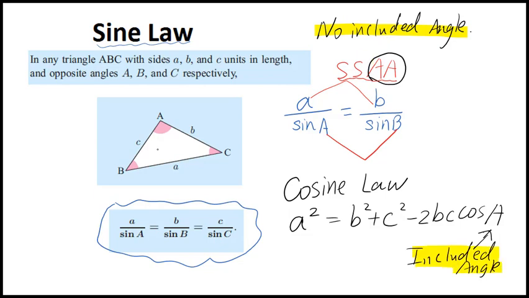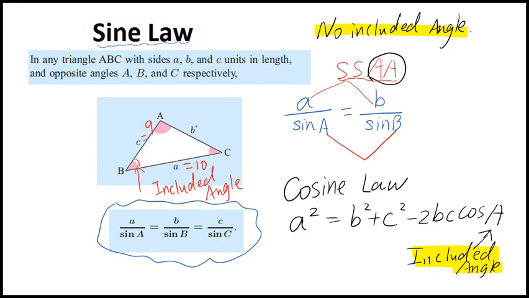What's an included angle? Included angles are those angles whose sides are known. For example, if I know a is 10 and c is 9, then this B we call an included angle.